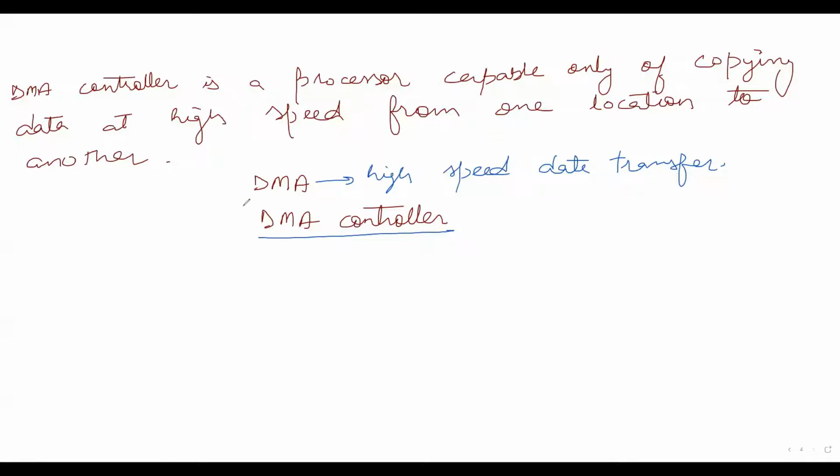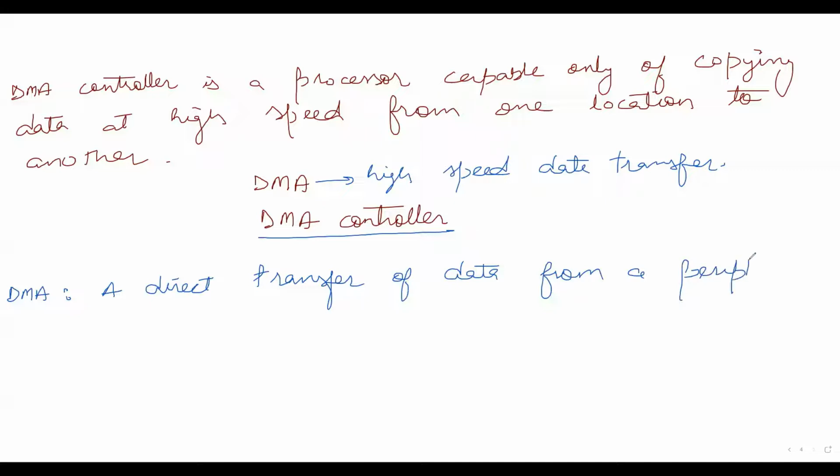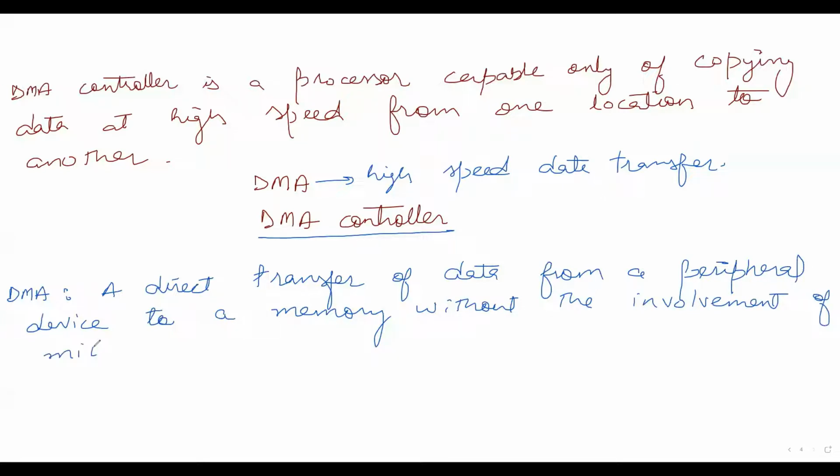In direct memory access, the DMA controller gets the access of the data bus and control bus, and then it can directly transfer data from the peripheral device to the memory without the involvement of the microprocessor.